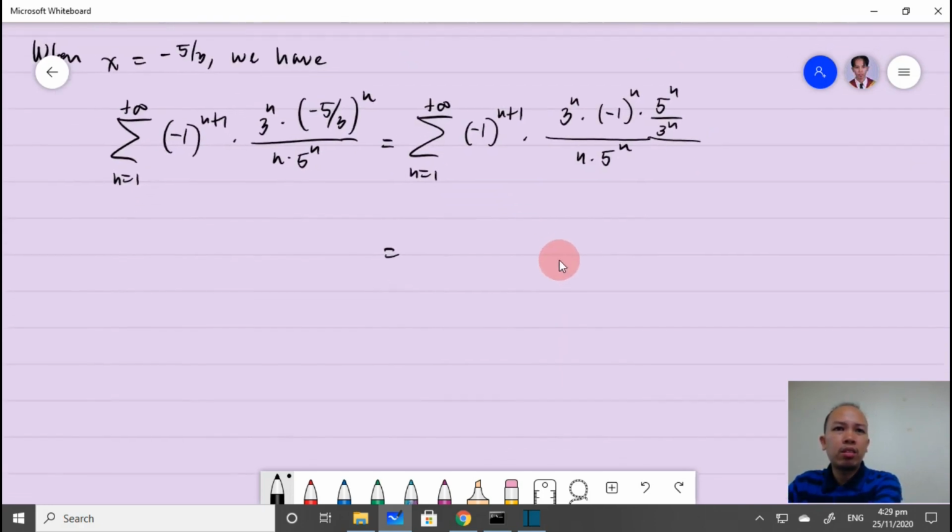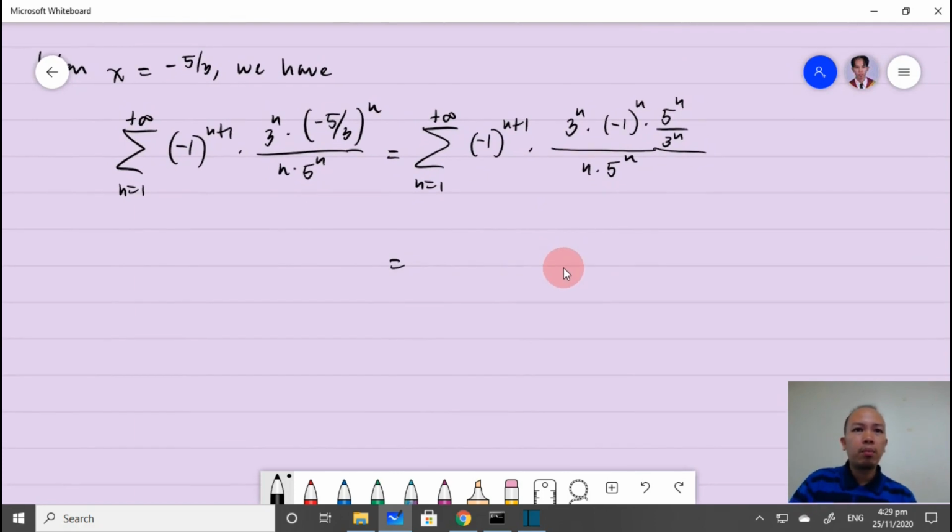So what will happen here is we can cancel out this one, okay, and we can cancel out also this one here. Okay, so we have negative 1 to the 2n plus 1.